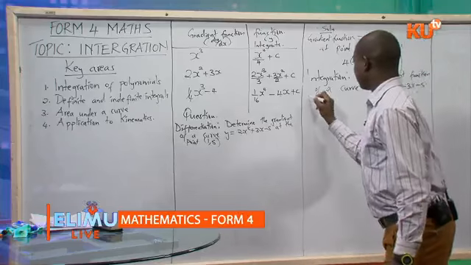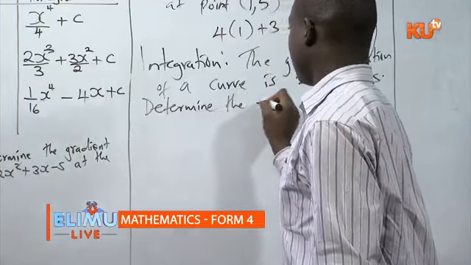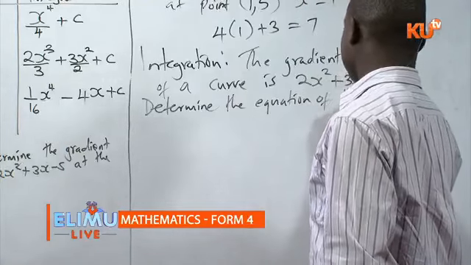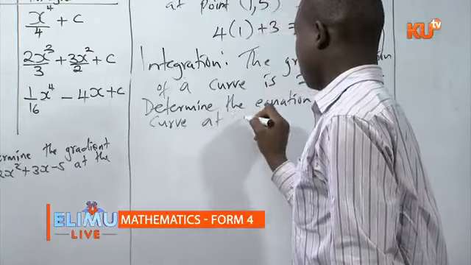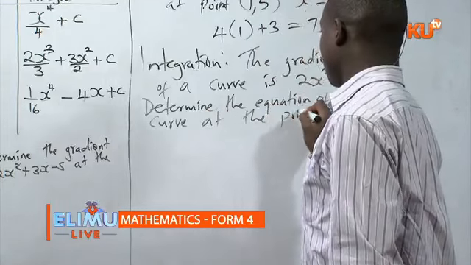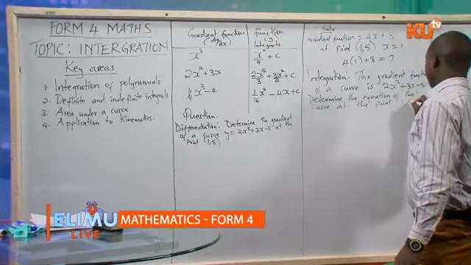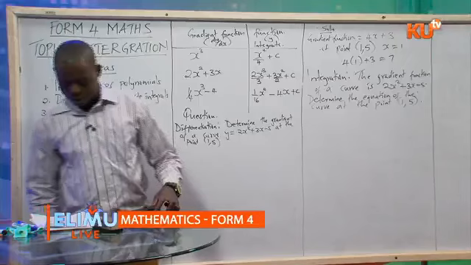You are told to determine the equation of the curve at the point 1, 5.